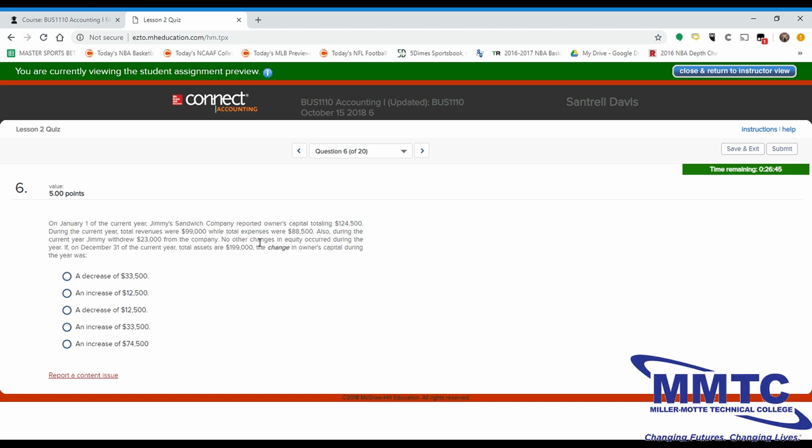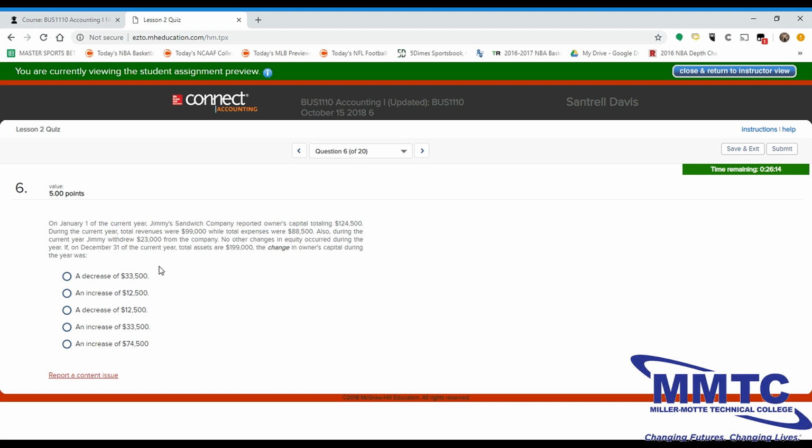No other changes in the equity occurred during the year. If on December 31st of the current year the total assets are $199,000, the change in owner's capital during the year was what?